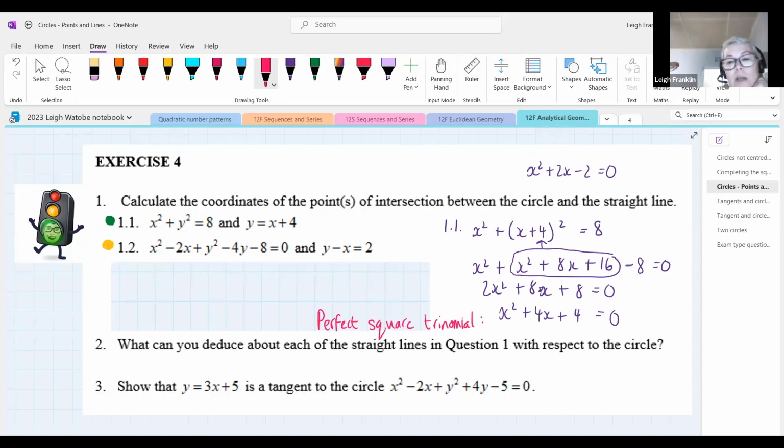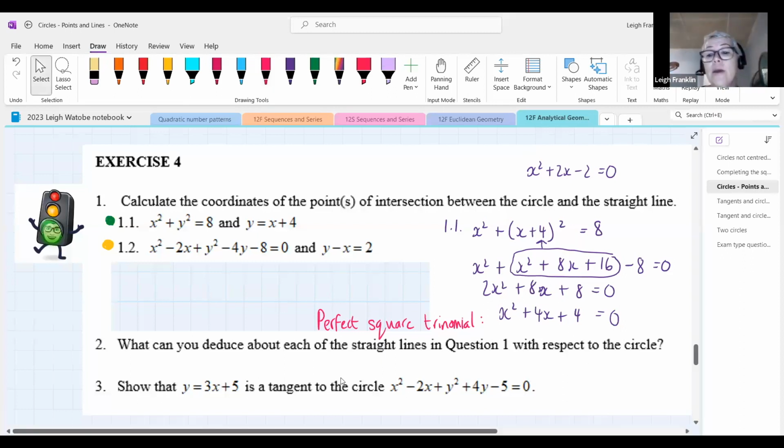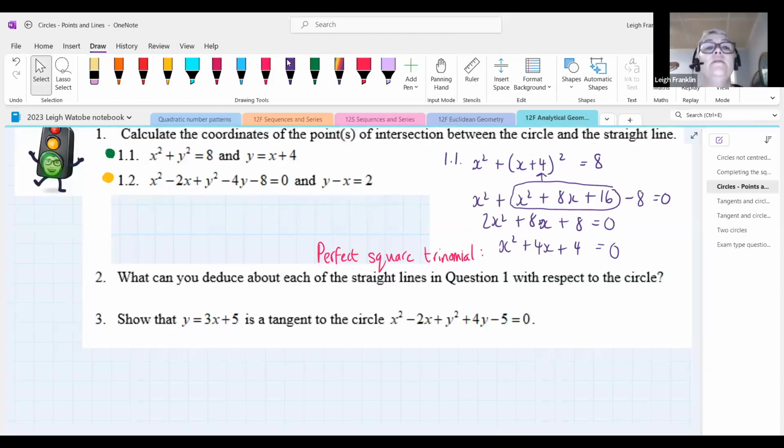We also encounter them when we have to complete the square. When we are writing the equation of a circle and we go from general form to center radius form and we complete the square, we end up with a perfect square trinomial in terms of x and a perfect square trinomial in terms of y. Okay, so when this factorizes, I just want to see if one of you can give me the answer.